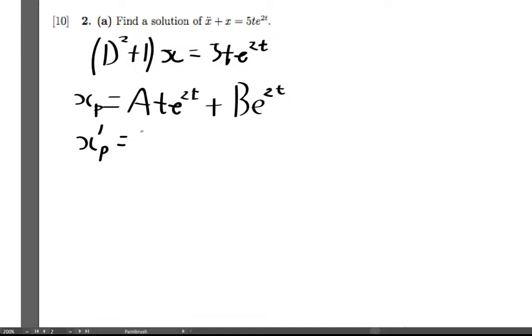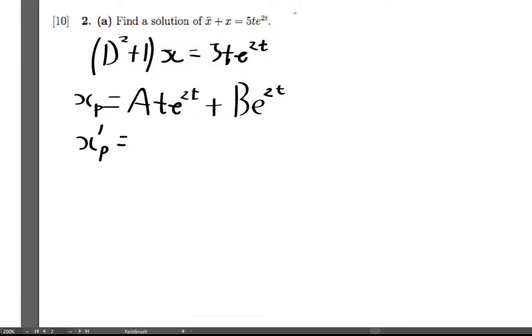The first derivative would be, let's compute this straight away. I am writing this on my iPad because it is much easier for me to compute there. So a t e to the power of 2t, when you take the derivative, that would be a product rule, so it's a e to the power of 2t plus 2a t e to the power of 2t. Add this to b e to the power of 2t multiplied by 2.